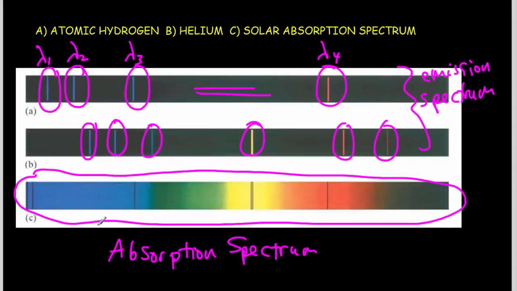So in this particular case, the white light is coming from the sun, and the gas is the atmosphere. And you'll notice here that once again there's some distinct lines, places where that particular wavelength of light was absorbed by the atmosphere. So most of the light passed straight through the atmosphere, but some of it was absorbed by the atmosphere, some distinct wavelengths.